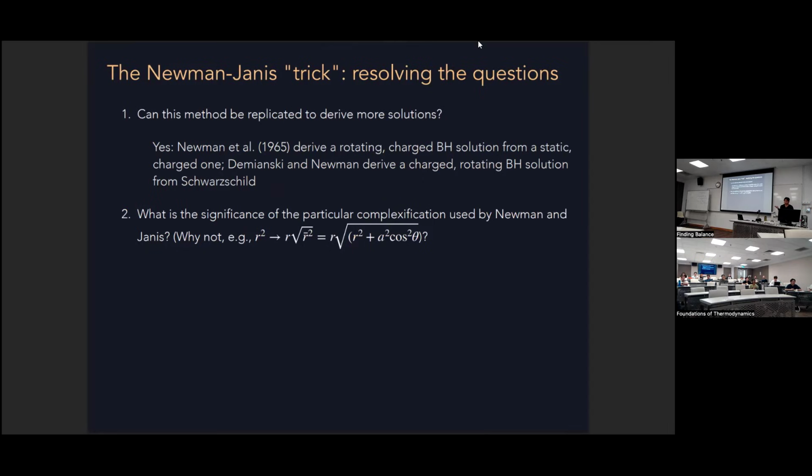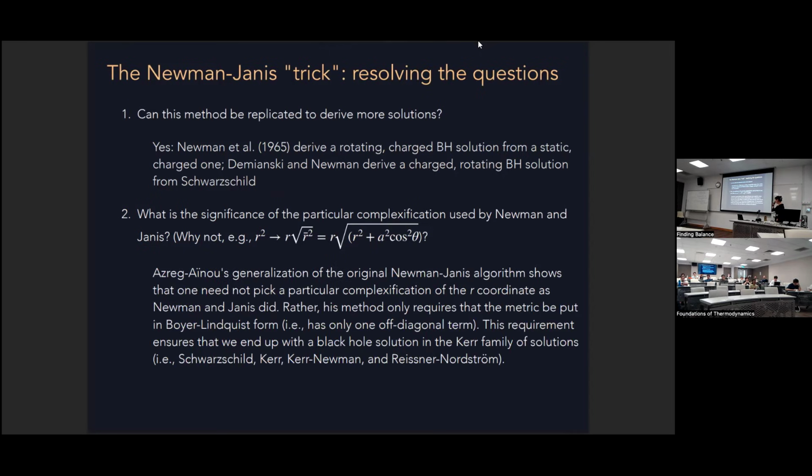What's the significance of the particular complexification? This is maybe the hardest question to answer, and one that I think really only got a good answer with Azreg-Aïnou's papers on this. He offers a generalization that shows that you don't actually have to pick a particular complexification of the r coordinate as Newman and Janis did.